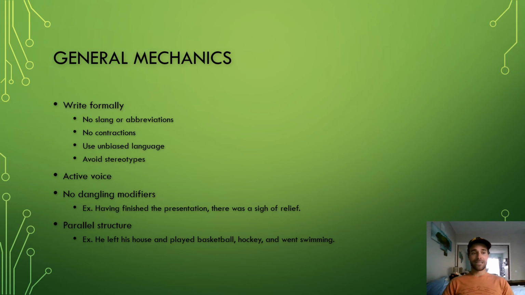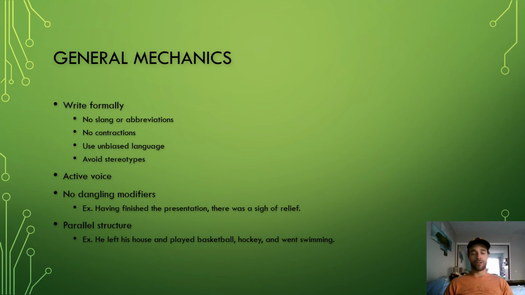Another instance of general mechanics, we want to avoid dangling modifiers. So do not just assume aspects of your writing. Make sure you are writing full, complete sentences. The example I have here: having finished the presentation, there was a sigh of relief. Well, who was sighing of relief? Why was this sigh of relief occurring based on finishing?